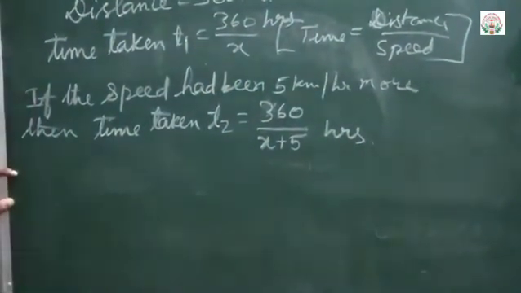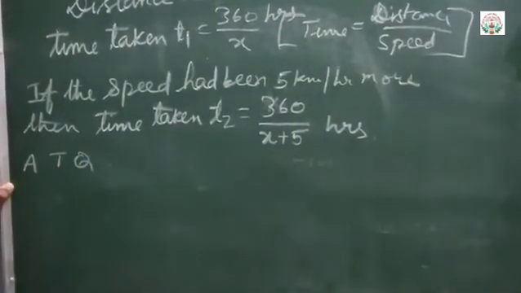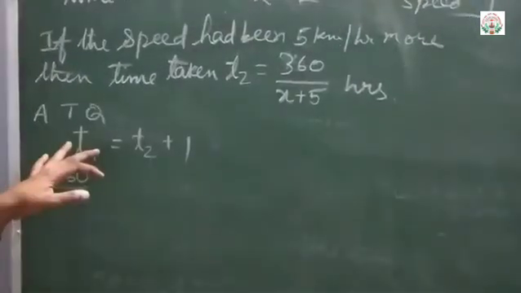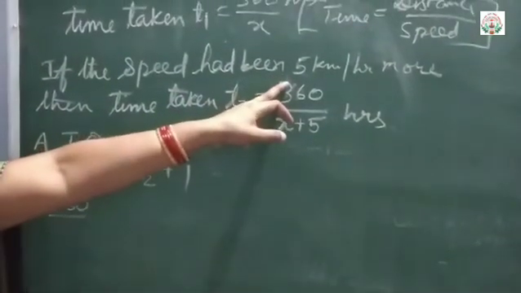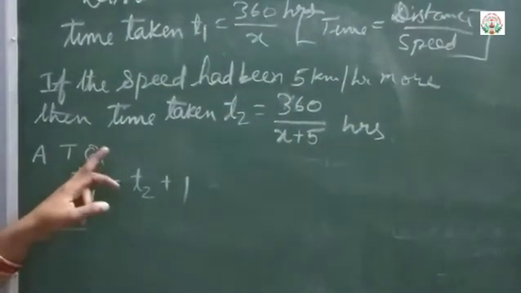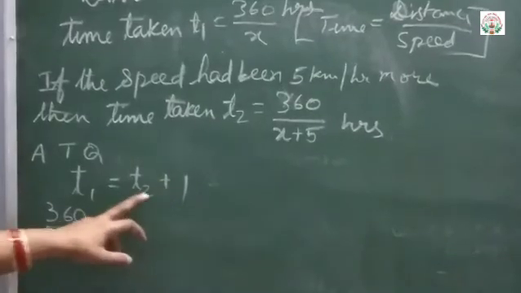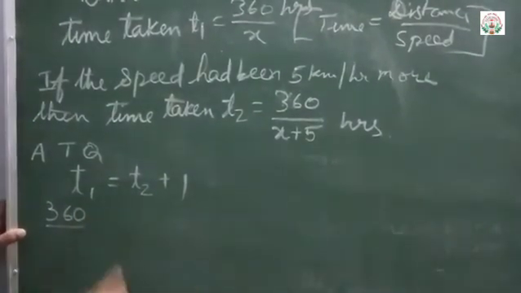Now according to the question, if the speed had been 5 km per hour more, it would have taken 1 hour less for the same journey. That is why T1, time taken, equals T2 plus 1. Now put the values.